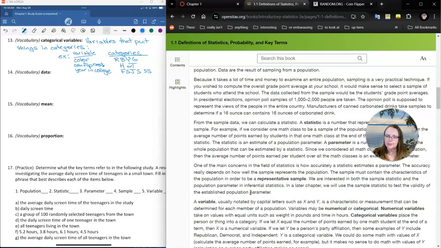Those are categories. So if the data you're collecting is putting things into categories, it's categorical. If the data you're collecting has numbers that describe equal increments of something, then it's numerical. So one tricky bit here, so here's this interesting thing to note and not get caught up in.